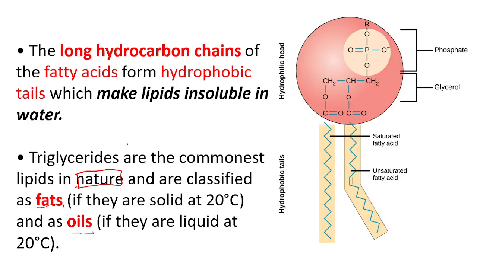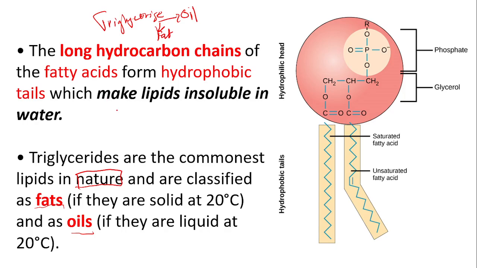So the same triglyceride, guys, is of two types. You have the fats, which are solid, and you have the liquids, which are what? Oil. So fat is solid, oil is liquid, but they are what? They are triglyceride.